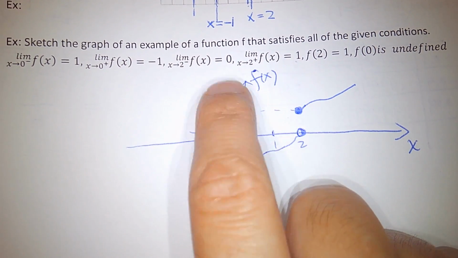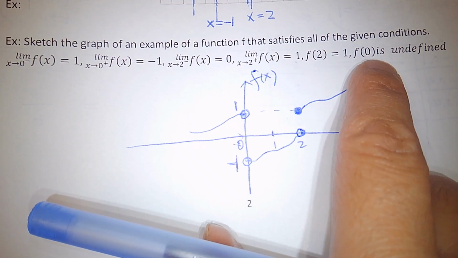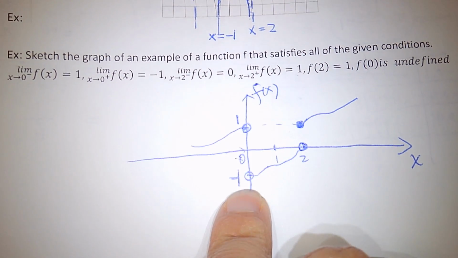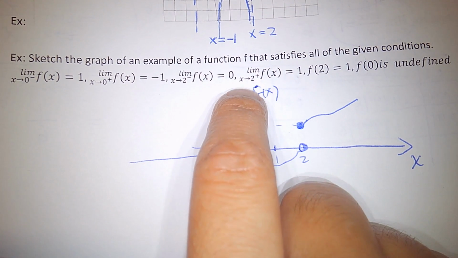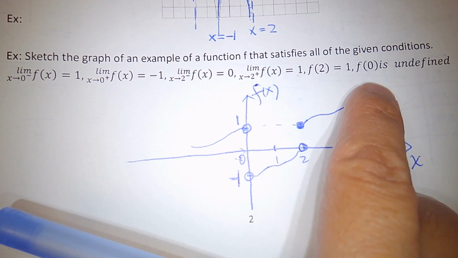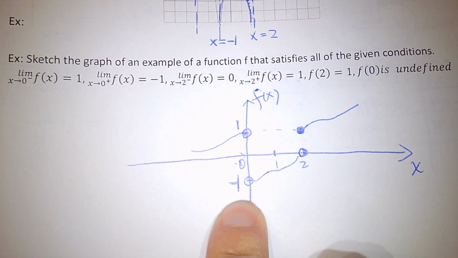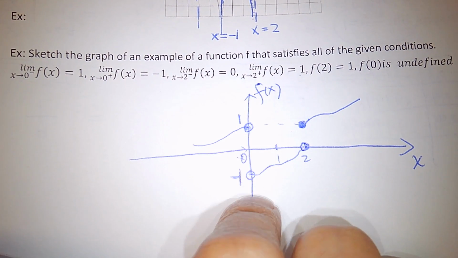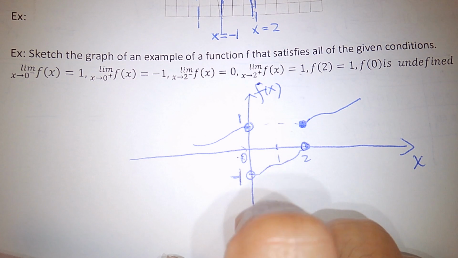If it says f of 0 is defined, then on this vertical line, this y-axis, there must be a closed point for f of 0. Because f of 0 is undefined, we make sure there's no closed point on this y-axis. See, my graph looks like this. Your graph maybe looks slightly different, but yeah.